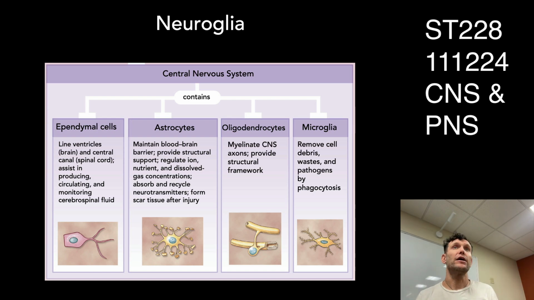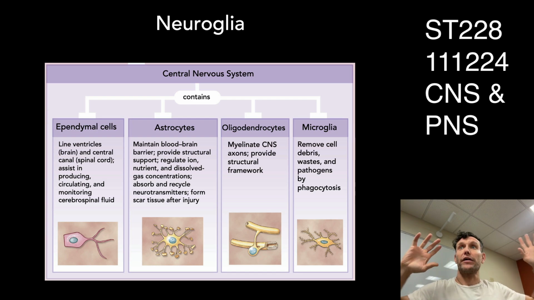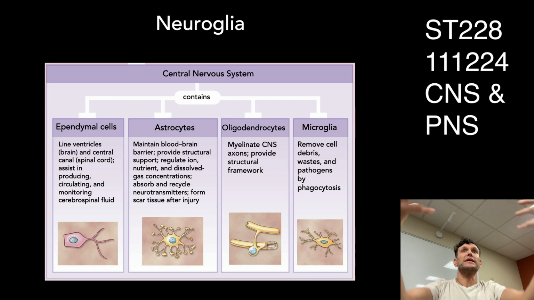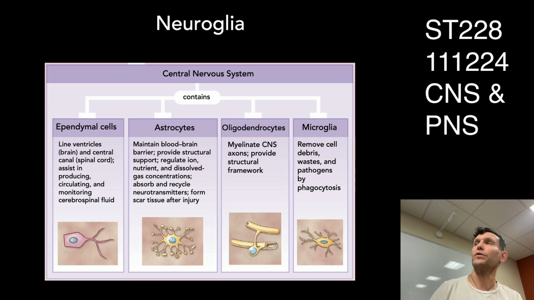Anyways, in the brain, we looked at them a little bit yesterday in the VR thing, didn't we? They're basically empty spaces that are full of cerebrospinal fluid, and they are lined with these things called ependymal cells that are producing and kind of monitoring and adjusting the cerebrospinal fluid.